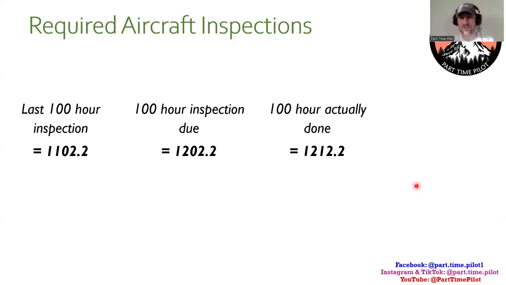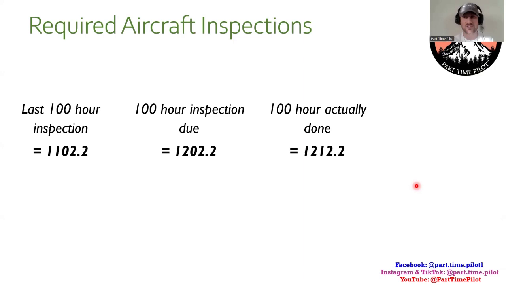But let's say you don't have a certified mechanic to perform this inspection at your airport. So you have to fly. Let's just say it's 10 hours away where you have to go. Likely there would be something closer, hopefully. But let's say you have to fly 10 hours away to an airport where the inspection gets done. Here you have taken advantage of the rule of getting up to 10 extra hours to fly if you need to fly somewhere to get it done.